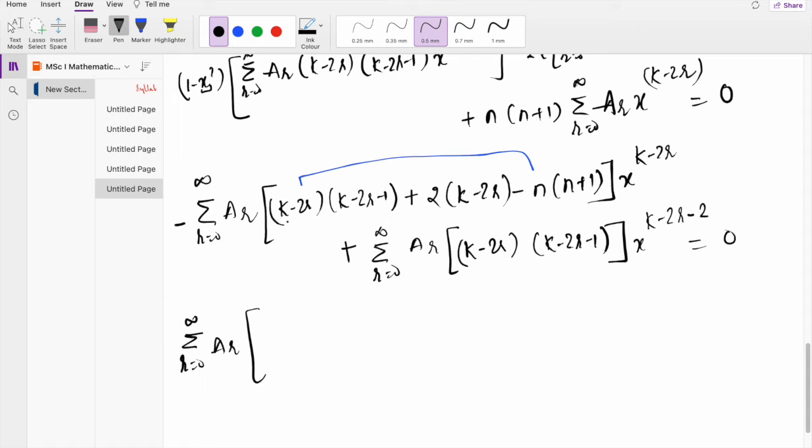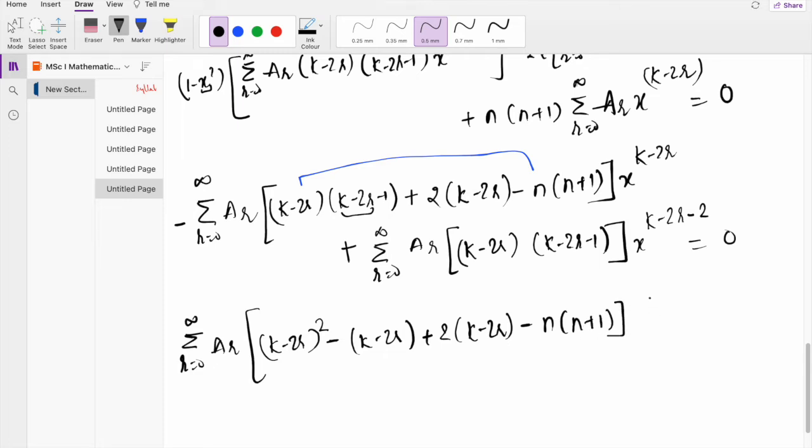If I multiply this k minus 2r with this term, this will give me k minus 2r to the power 2. And if I multiply k minus 2r with this minus 1, it will give me minus of k minus 2r. Alright, plus 2 minus k minus 2r minus of n plus 1.